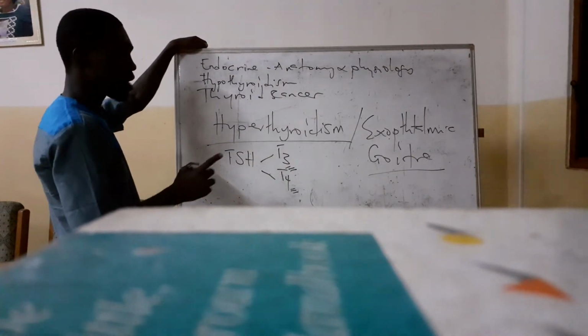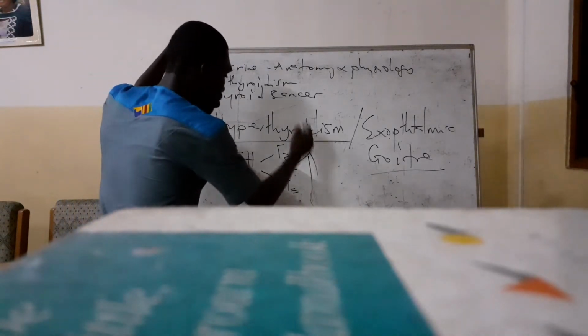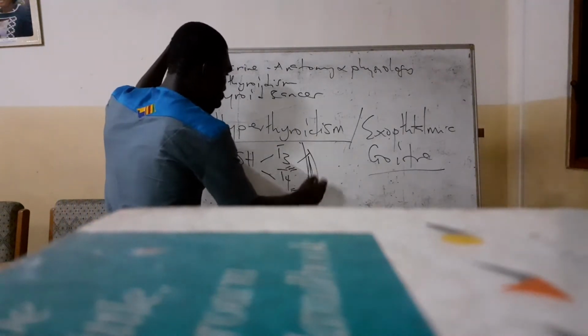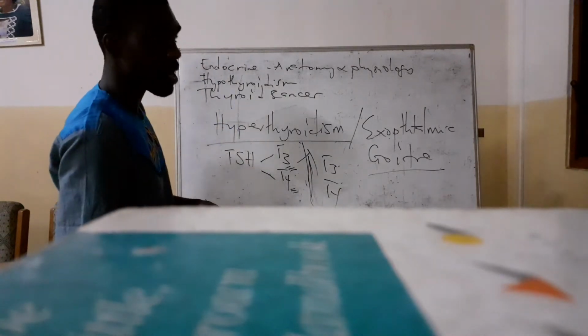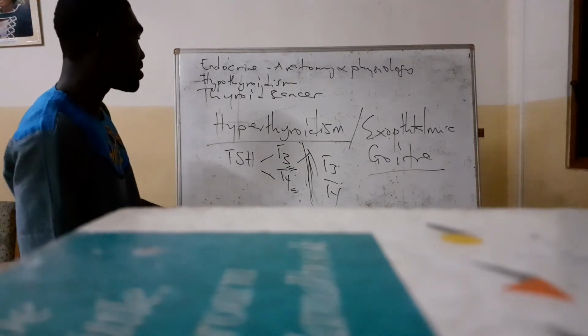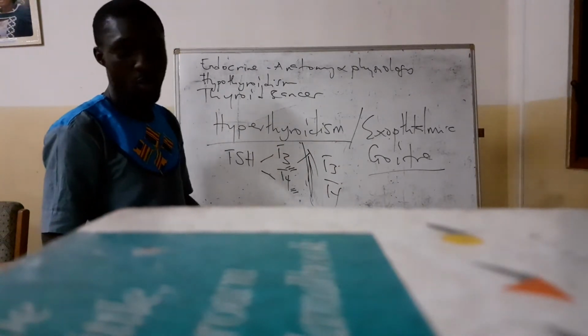So hyperthyroidism occurs when we have abnormally increased levels of the T3 and T4 hormones.